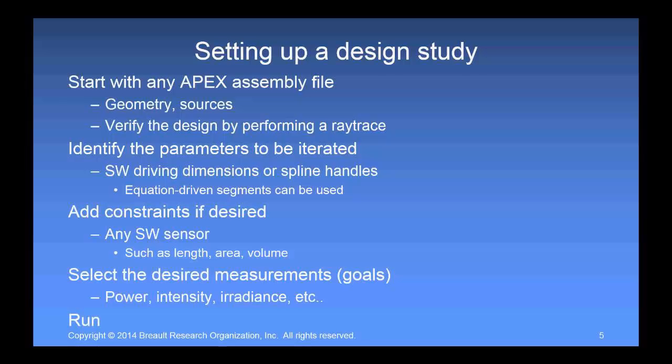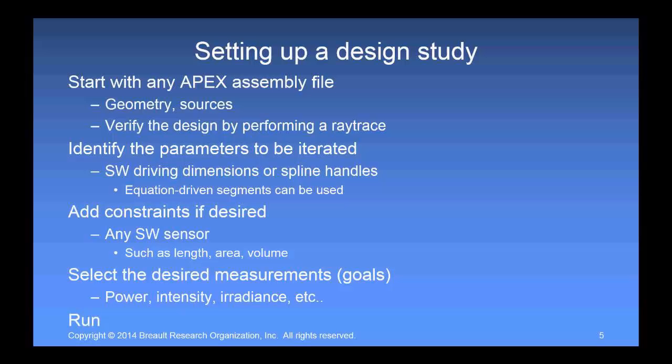I will, as an aside, say when it comes to sources, as we know from doing illumination optimizations, the number of rays you trace will significantly affect the accuracy, the error in your calculation. But don't start with a massive number of rays in your source.